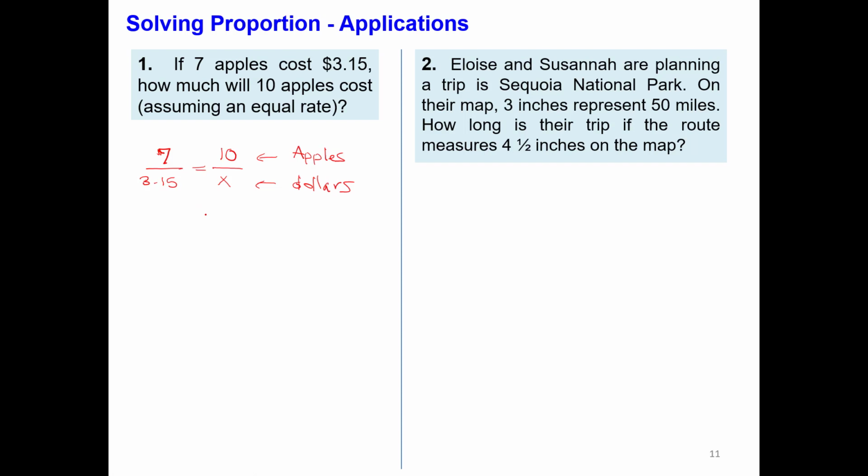Once we have the proportion, we need to solve it in the way we learned. We can use cross multiplication. Then we have in this case 7 times x, just 7x, equals 3.15 times 10. 7x equals 3.15 times 10. We move the decimal one place, then it will be 31.5.